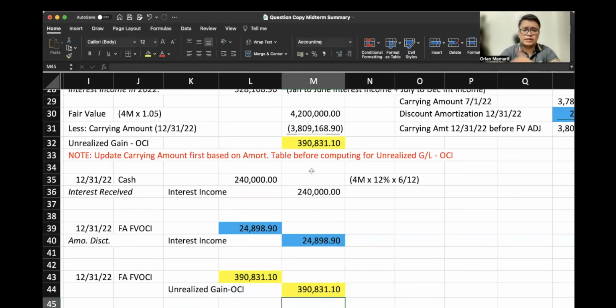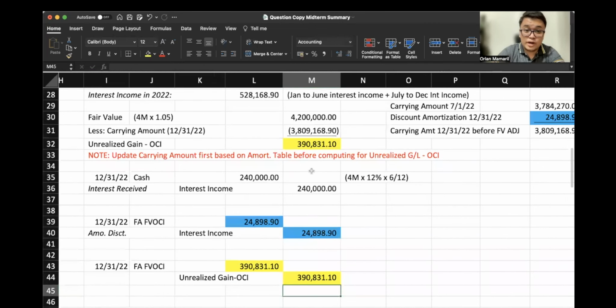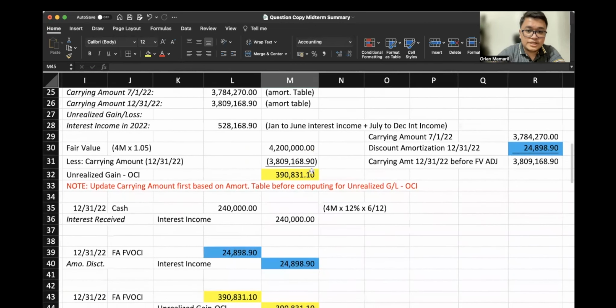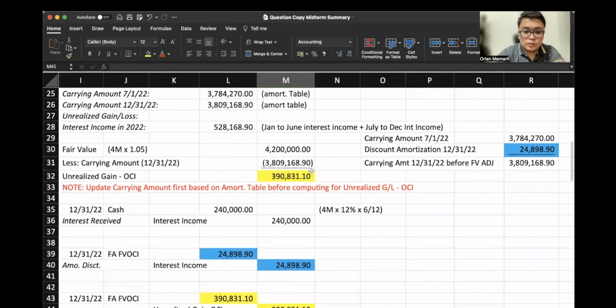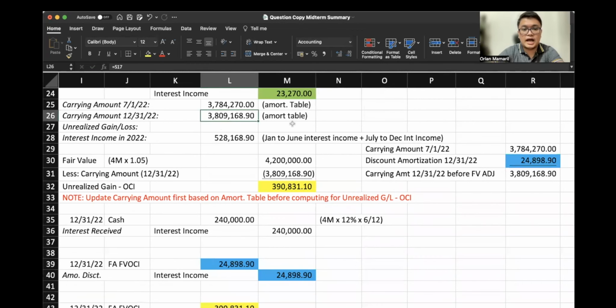So there would be 390,831.1. But take note that if your problem requires you to just compute for December 31, 2022, we would now have a different answer, right? It's not the amortization table anymore. Since this is based on fair value, your carrying amount on December 31, 2022 would simply be the fair value at year end, since this is fair value OCI. So 4.2 million.